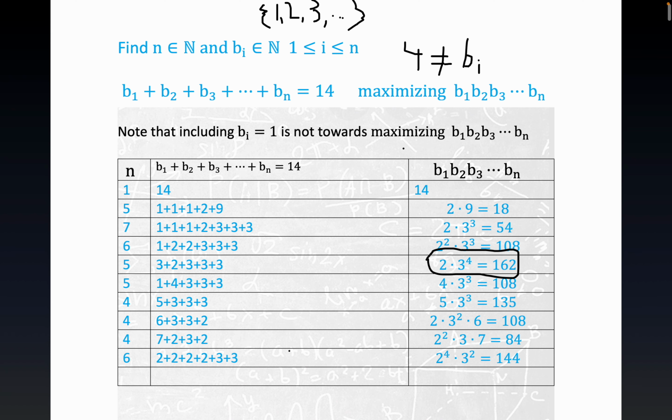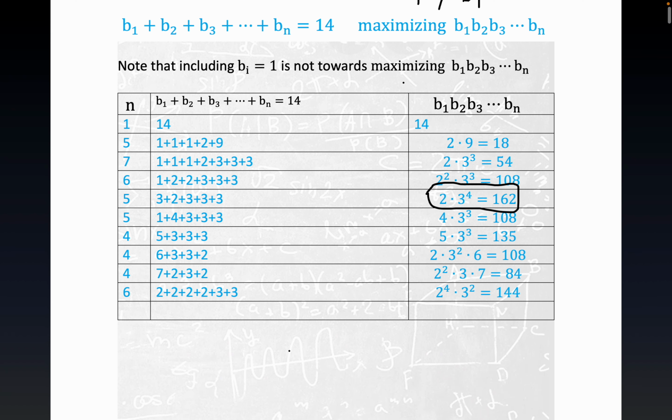Now, I do want to write down an observation. It's a simple observation, but 3 squared is certainly greater than 2 cubed. Isn't that crazy?